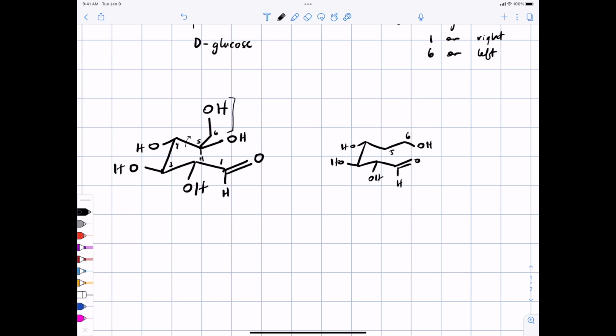We just need to decide in which direction after we do that the OH group is going to be. Let's see. Why is this not working for me? Yeah, it's going to be down axial.